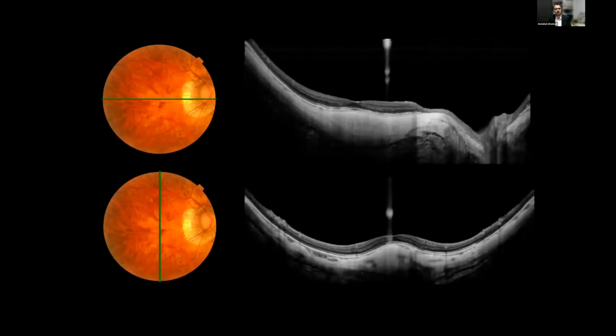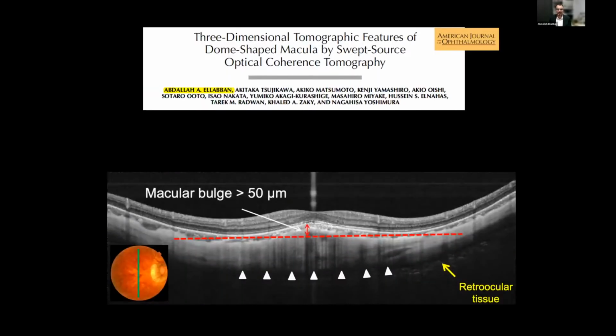Interestingly, when we did a study on these cases, we found that even some of these cases have this dome-shaped configuration on the vertical scan rather than the horizontal scan. And we try to quantify these patients by simply measuring what we call the macular bulge, which is the bulge of the sclera, if you draw a tangent line at the outer border of the retina.